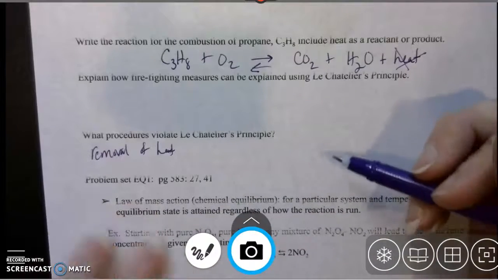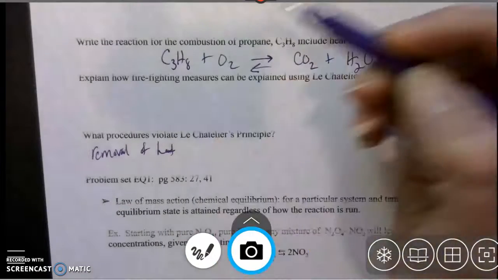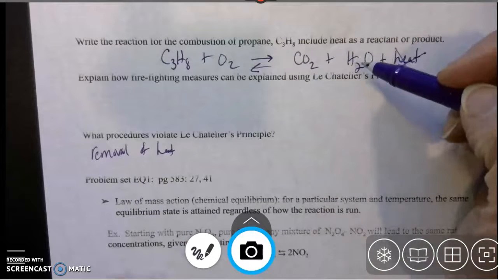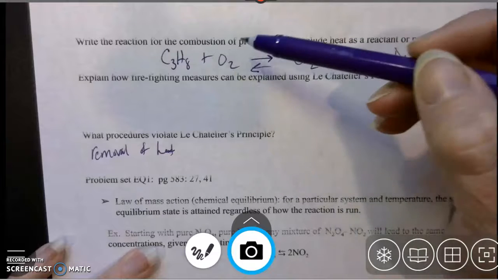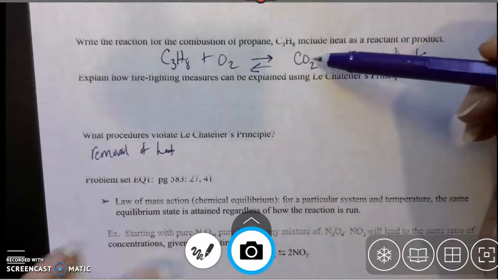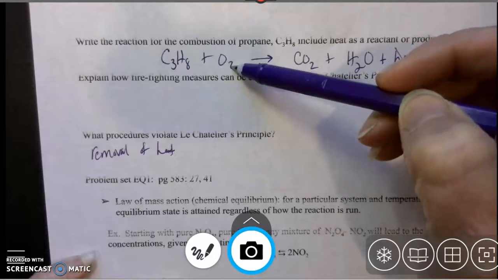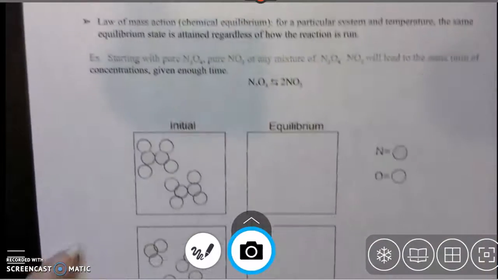So it's trying to make up for that change in heat. So that's the only one that's a violation. But again, all of those can be explained with Le Chatelier's principle. So removing product shifts it to the left. Increasing product shifts it to the left. Removing reactant also will shift it to the left. So those are your 2 big ideas there.